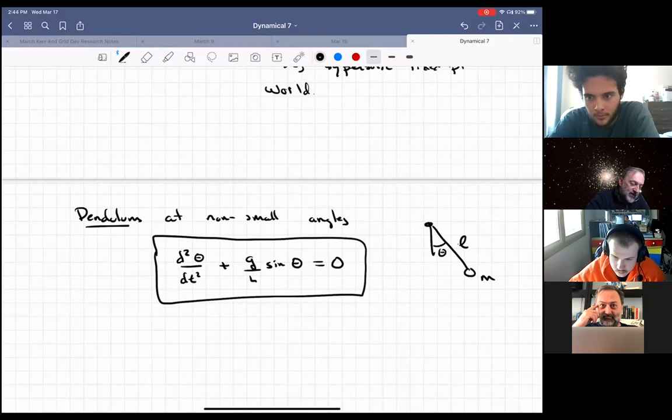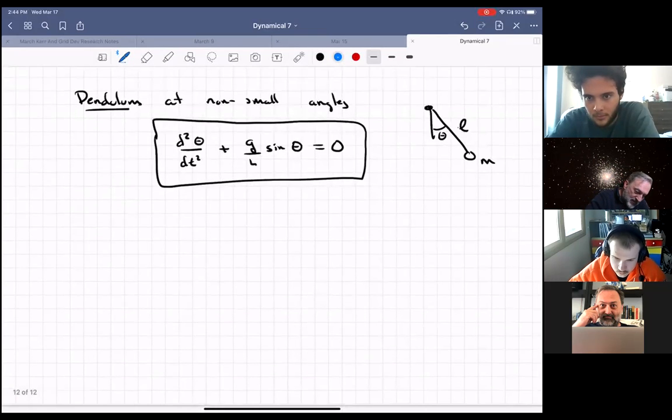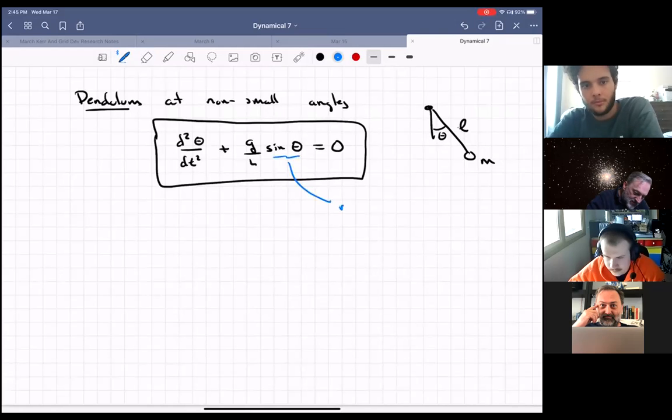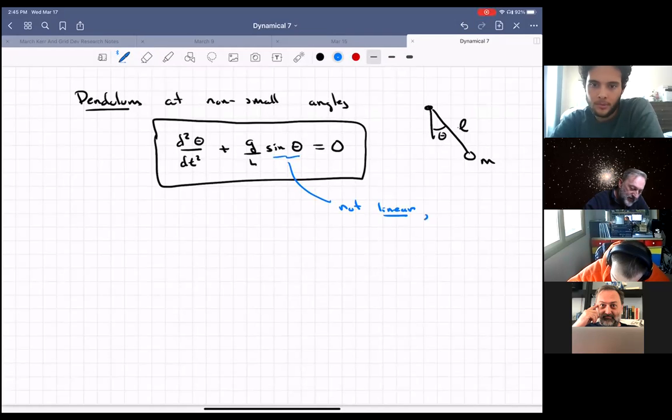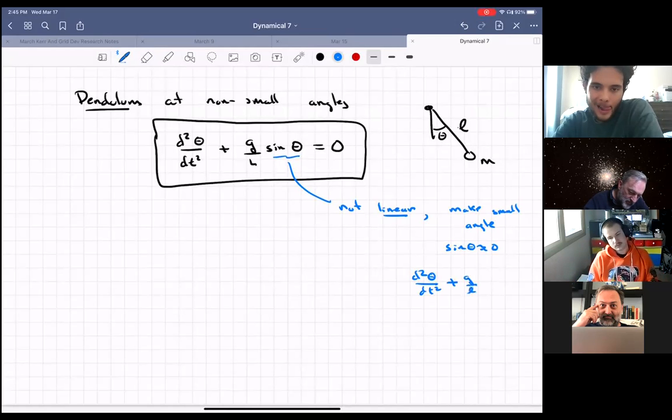And of course, if I linearize the sine, so here's my sine of theta, this is not linear because I have this sine of theta in there. If I make a small angle approximation, sine of theta is approximately theta, then of course I get my simple harmonic oscillator equation, d squared theta dt squared plus g over L theta is equal to 0.